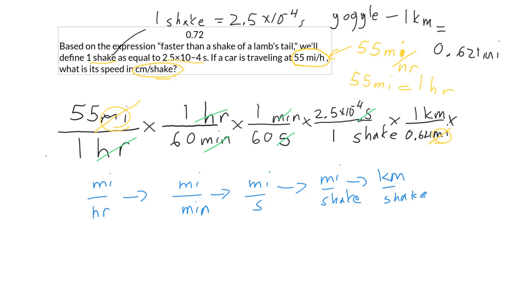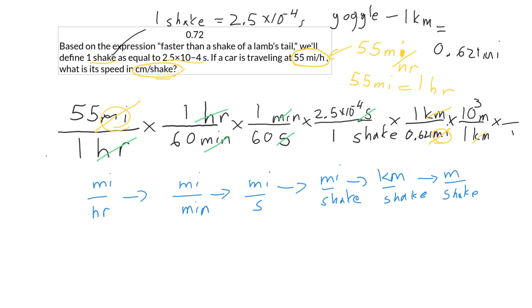Now I need to get rid of kilometers. I know the relationship between kilometers and meters: 10 to the third meters in 1 kilometer. I don't want meters. Whoops, I've canceled out my kilometers. I now have units of meters per shake.